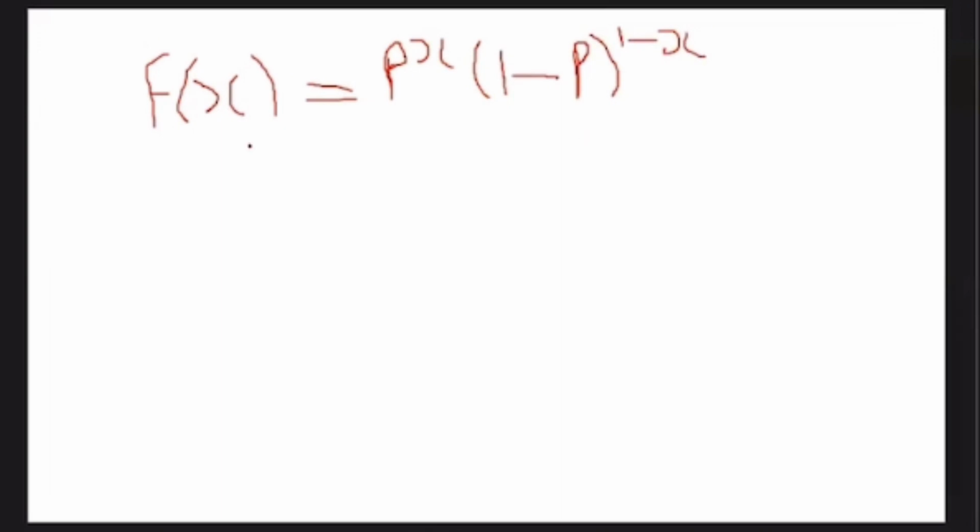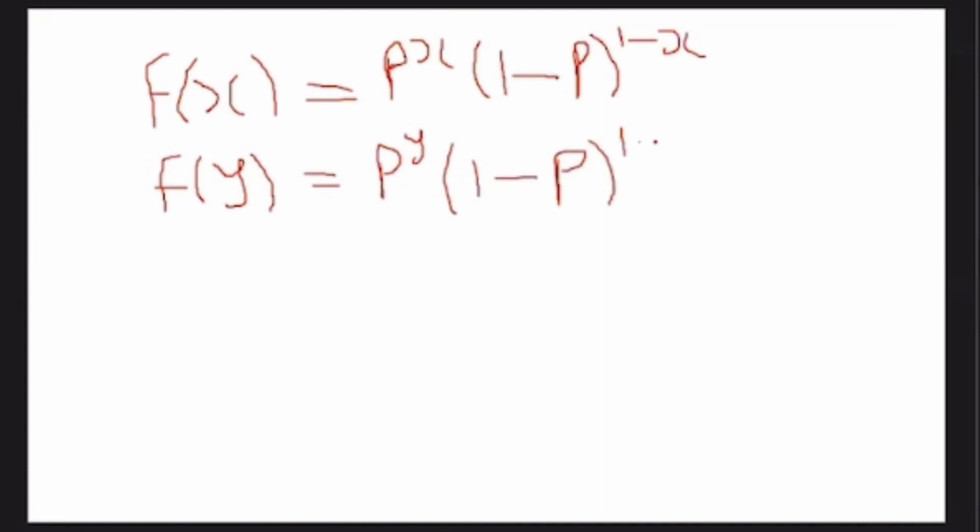Now, if f of x equals this, because I want to use the idea of Lehmann-Scheffé, I'm also going to say f of y. Do you see that? I'm also going to have f of y, which is going to be p raised to power y, then 1 minus p raised to power 1 minus y.